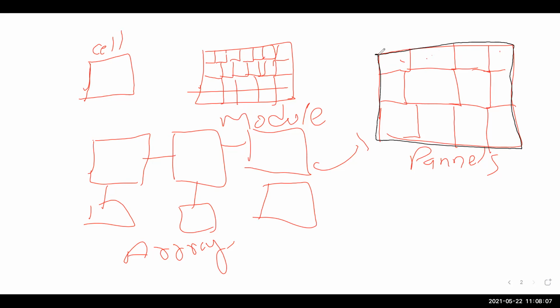The black is your panel, red is your arrays, this is your modules, so this would be your cell.